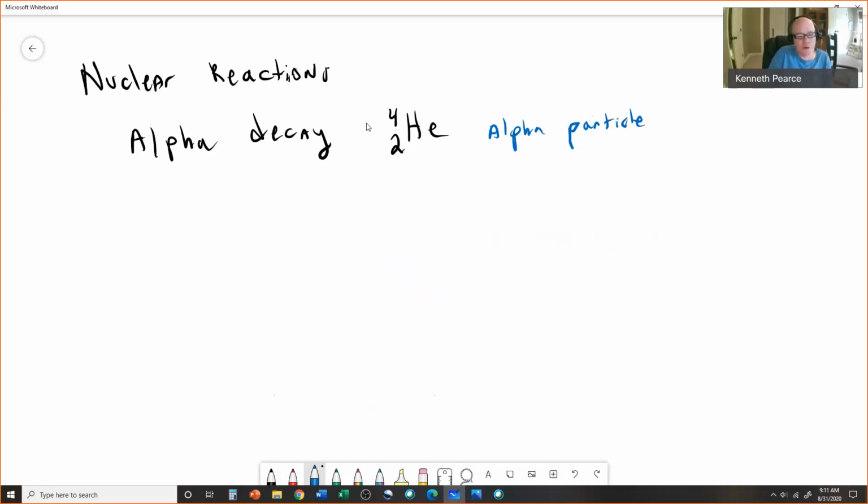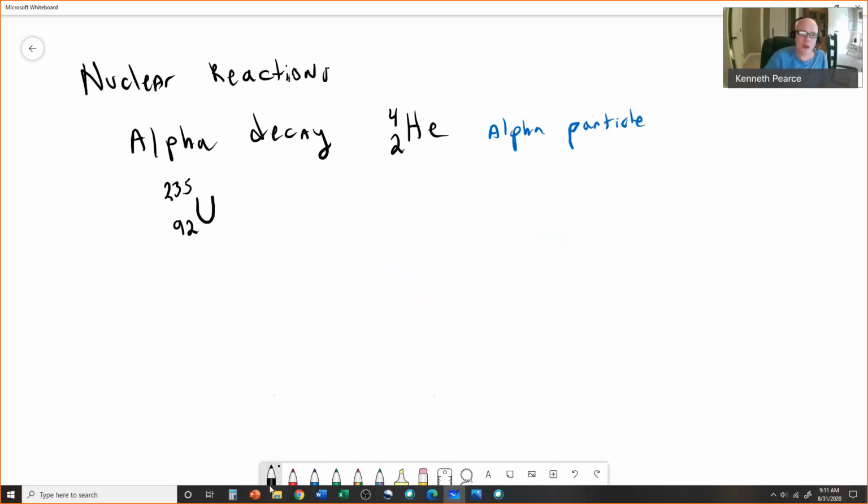So let's alpha decay uranium-235, and we look on the periodic table, and it's element number 92. To remind you, the 92 means protons, and the 235 means the atomic mass number, which is the protons plus neutrons.